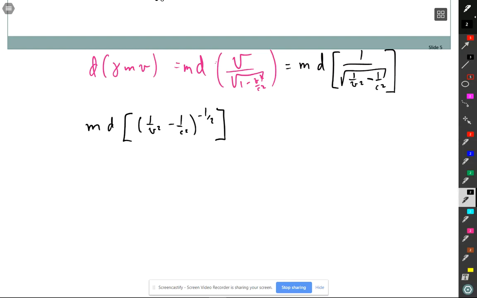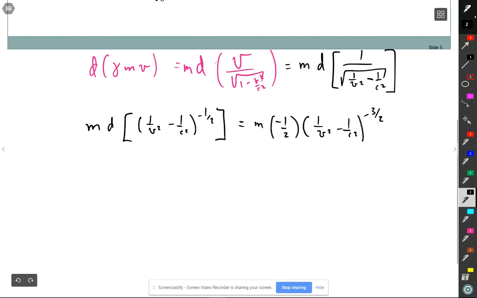Okay, I do have to use the chain rule. What's the derivative of something to the minus 1/2 power? And to the negative 3/2 power. I have to bring down the minus 1/2, so I'm going to have minus 1/2, and then that thing to the minus 3/2.